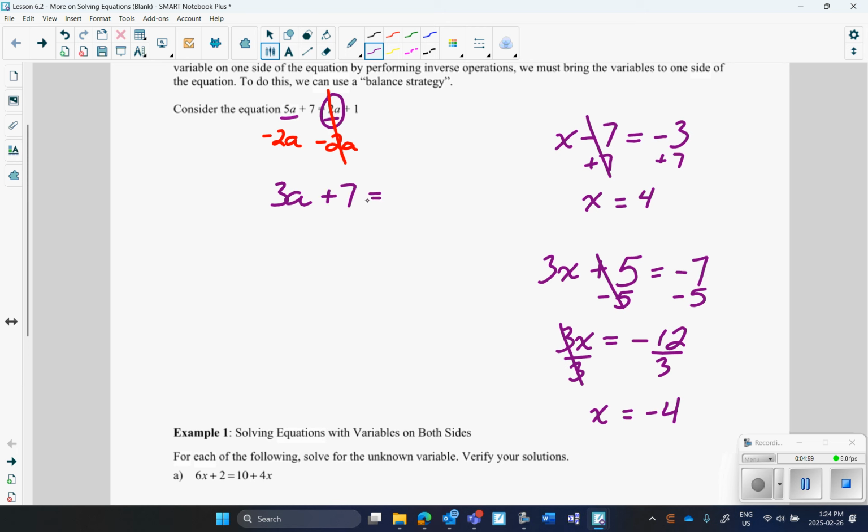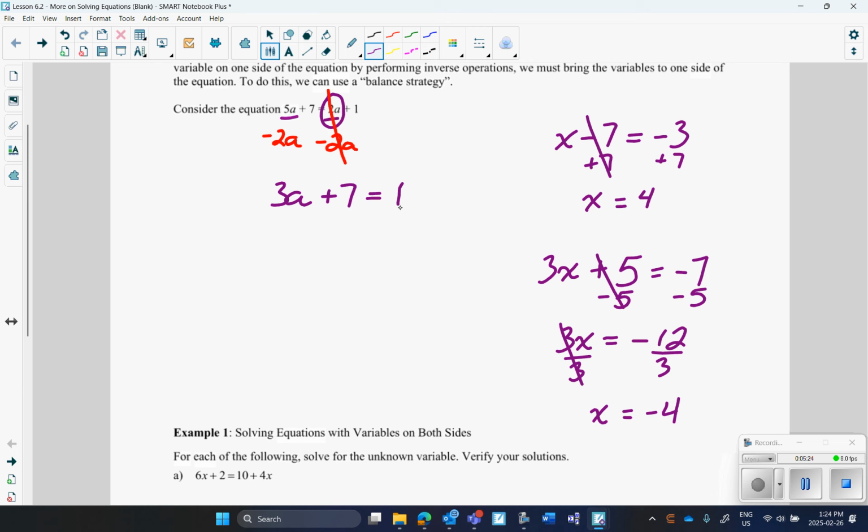What's on the right-hand side? 1. Notice we've now made it look like this. So when you have variables on both sides, I usually take away the one on the right and bring it over to the left. It doesn't matter. We could have taken away 5a here and brought it over there. It's still going to give you the same answer.